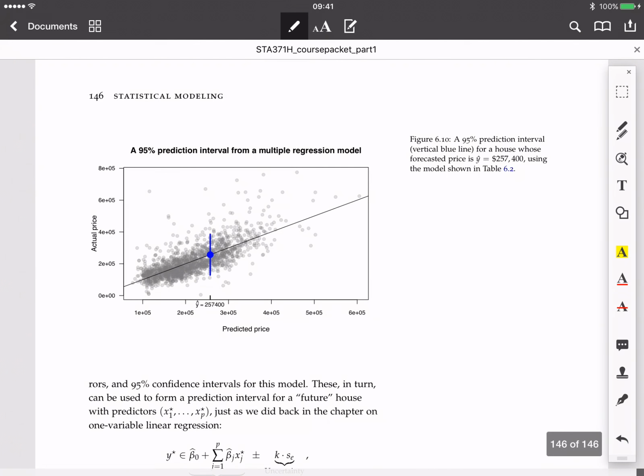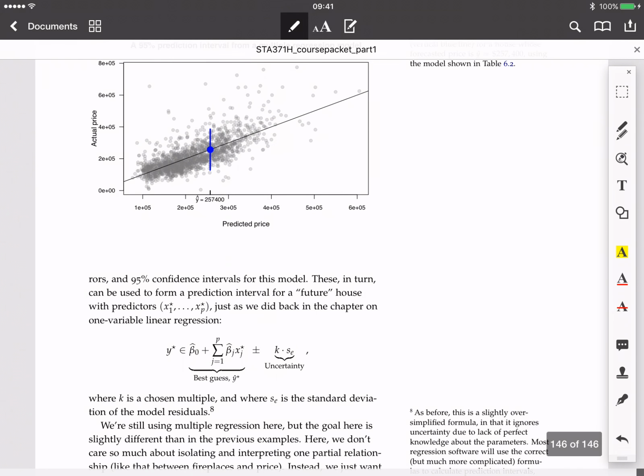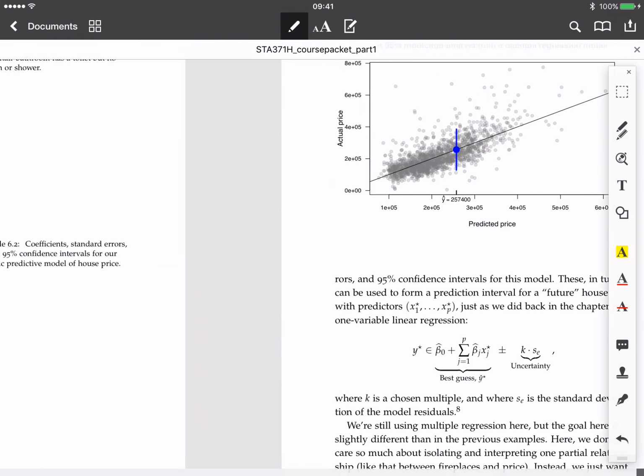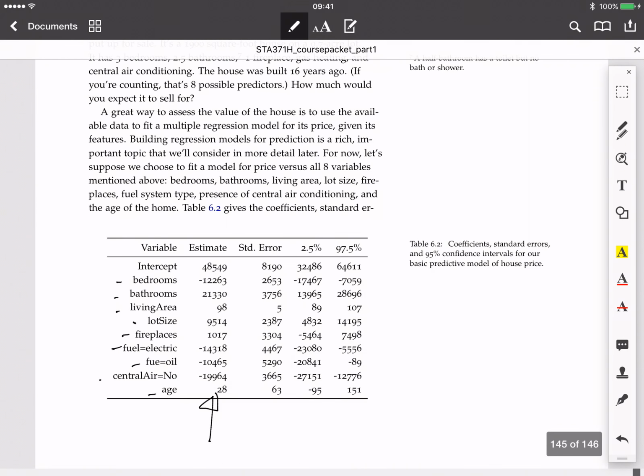How do we make a prediction? Well, it's simple. If we have some new x star, here x star is the particular combination of all the x's for your new house. So it's not just one x, it's a new house that has a particular combination of bedrooms, bathrooms, living area, lot size, fireplaces, fuel system type, central air, and age.